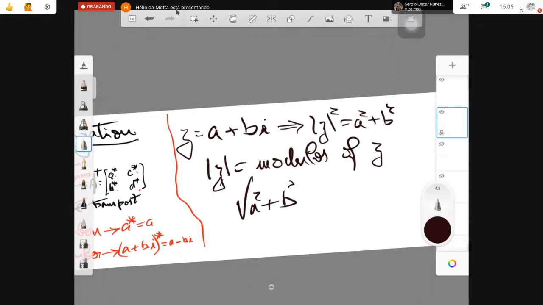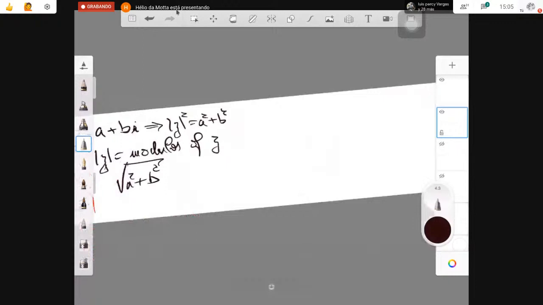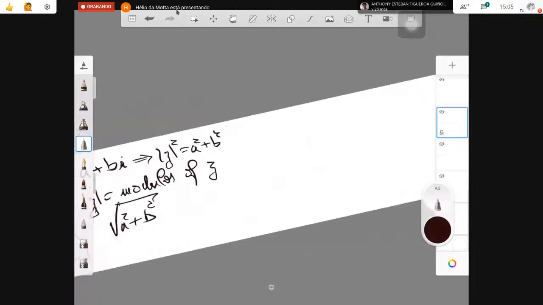So the square of the modulus of a complex number is just the square of the real part plus the square of the imaginary part. It's easy to demonstrate this, and then we can see that the square of the modulus of a complex number is just the number itself times its complex conjugate.